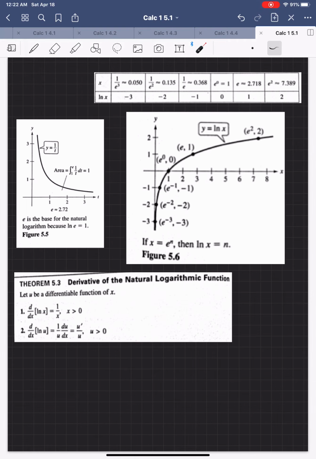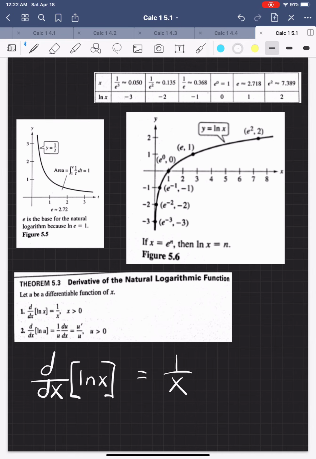They're very easy. They truly are. So all I'm going to do is rewrite what is in this theorem. The derivative of ln of x with respect to x is just 1 over x.